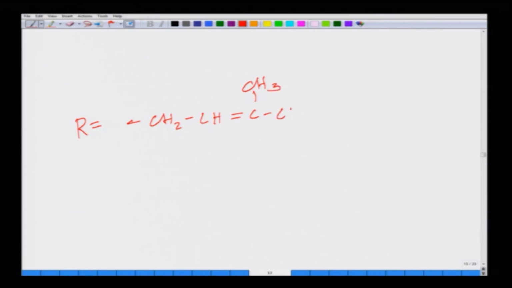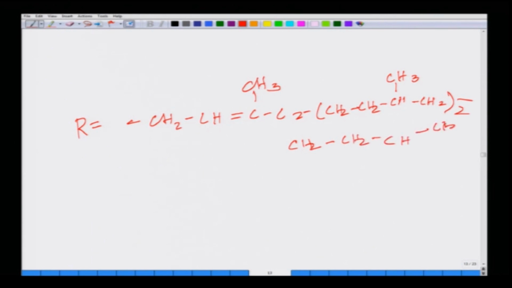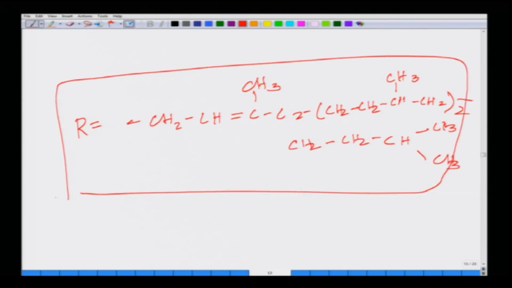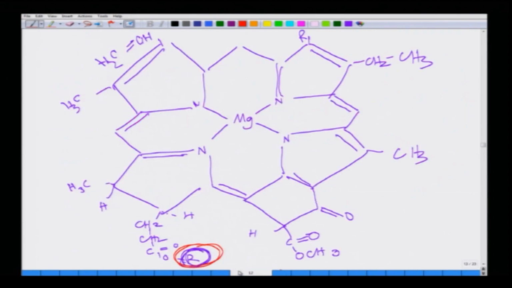There's a long side chain out there: CH2, CH, and CH3, CH3. It is this R group which is attached there. But I showed you another R group which is out here, in green. This R group is very important.